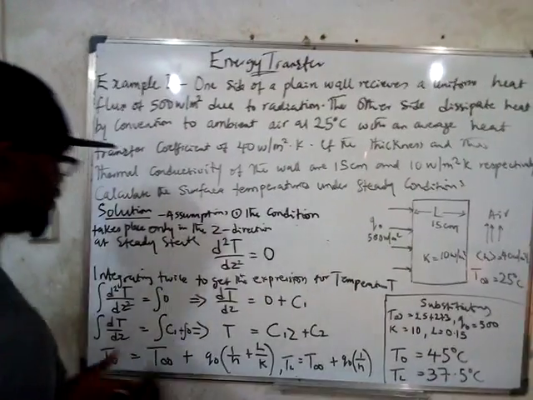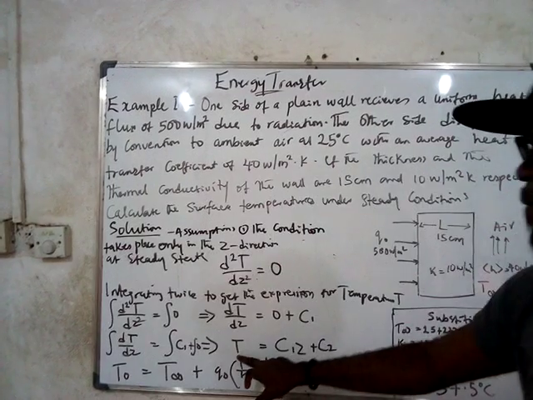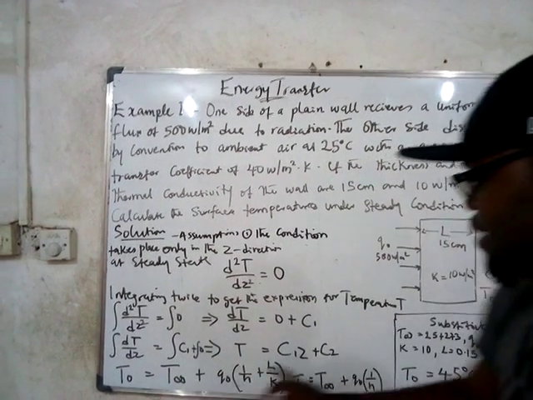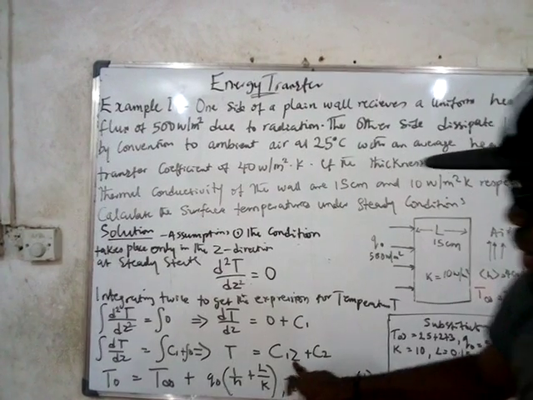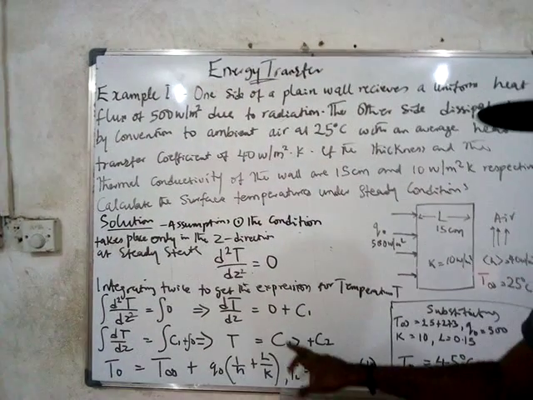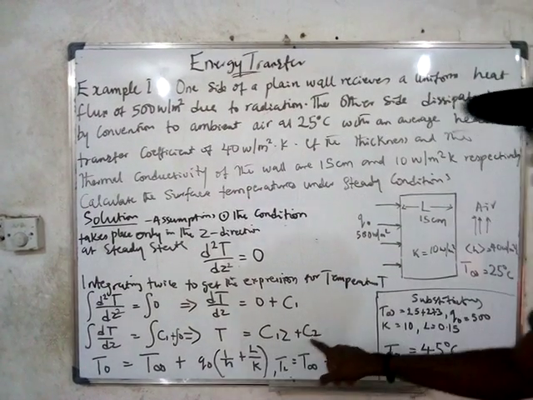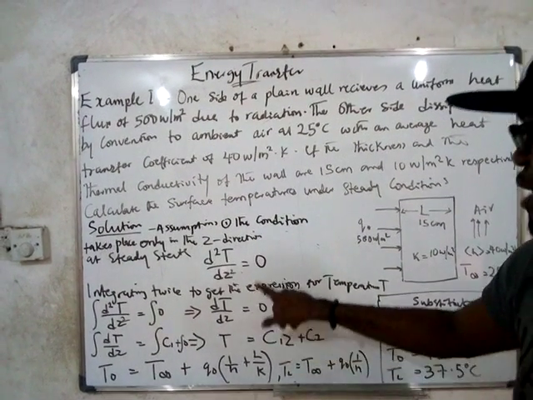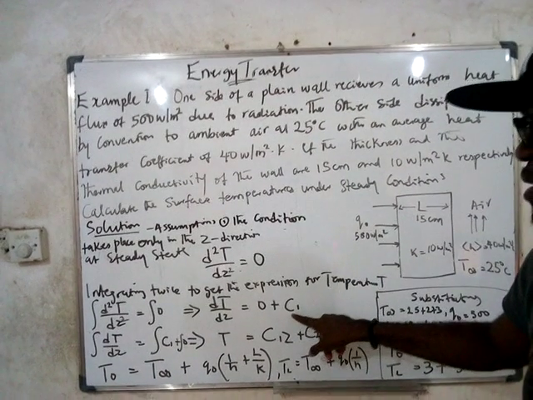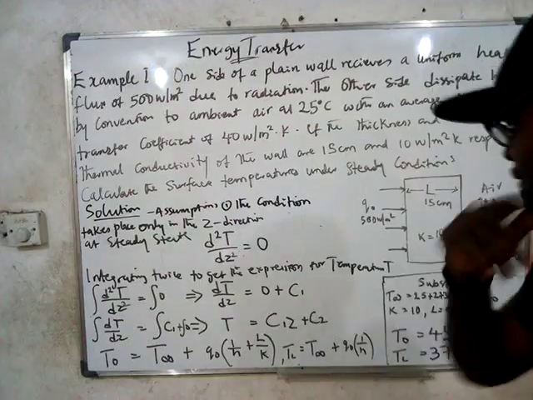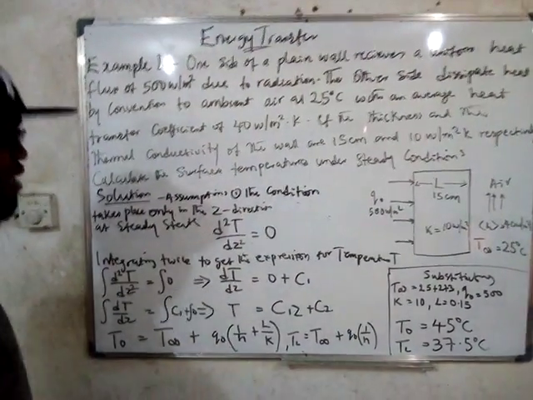When you integrate a constant, you get that constant times the variable you're integrating with respect to. So that's why you have C1z. Then when you integrate 0 again, you get another constant too. That's the way you integrated this 0 here to get a constant. You understand? So this is what you have.